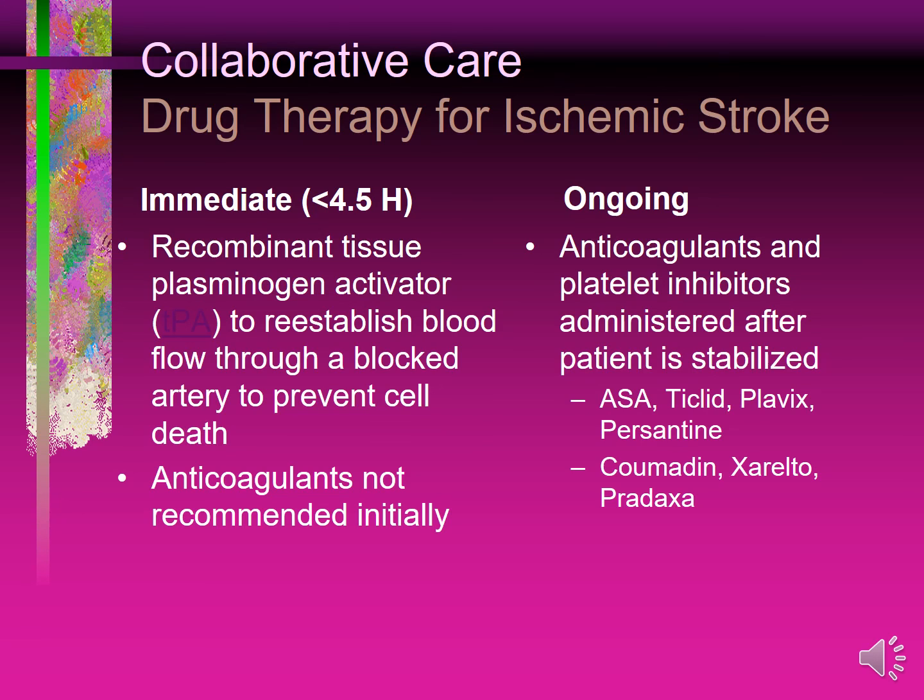So tissue plasminogen activator is what's called a recombinant tissue plasminogen activator that helps to reestablish blood flow through a blocked artery to prevent cell death. And when this first came out for heart attacks about 20 years ago, it was like the wonder drug, because it can actually blow through or lyse clots.